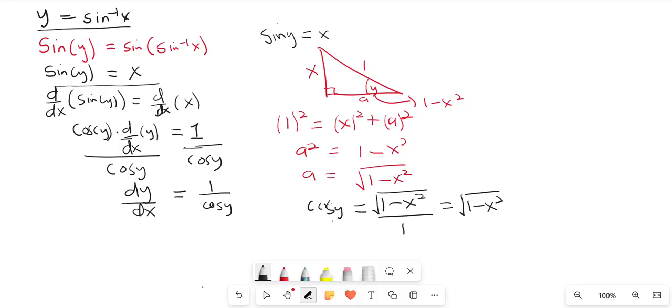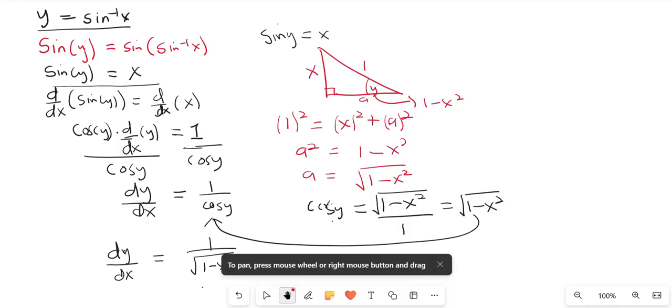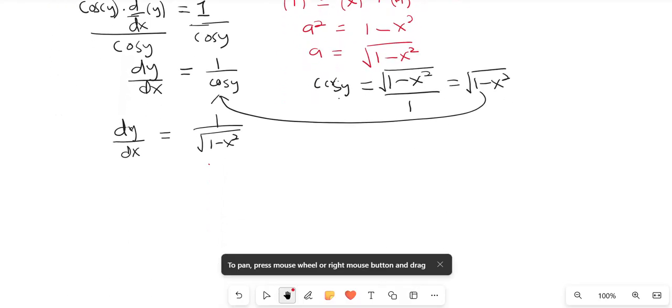Now we know the cosine of y in terms of x, and we can plug that back into our derivative function. So our final answer for the derivative of the sine inverse of x is 1 over the square root of 1 minus x squared. This is the derivative of the inverse sine function.